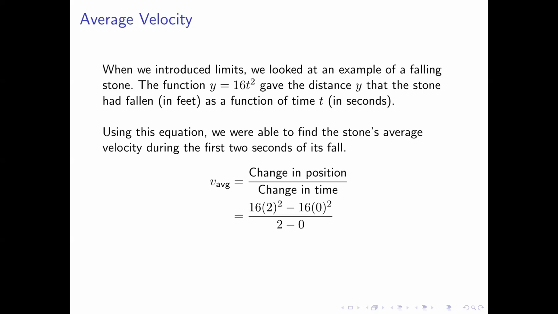In this case, our change in time is 2, or 2 minus 0, since we're going from time 0 to time 2. And our change in position can be found by finding the value of y for those 2 values of t, and then subtracting. And we calculated that that gives us 32 feet per second. So that was the average velocity of the stone over those first 2 seconds of its fall.